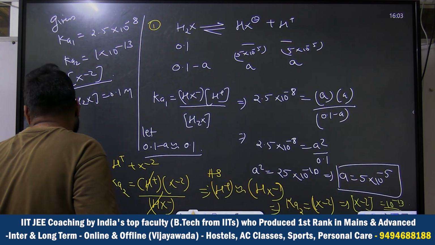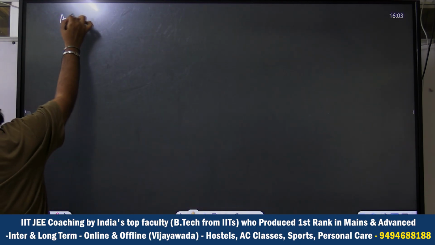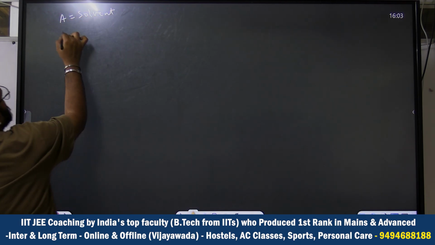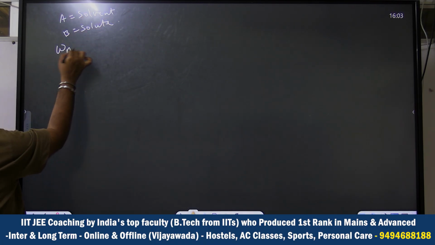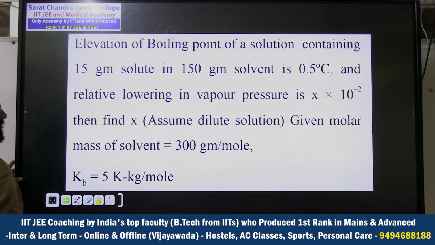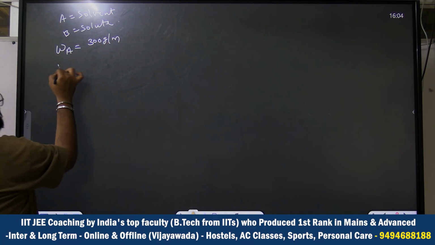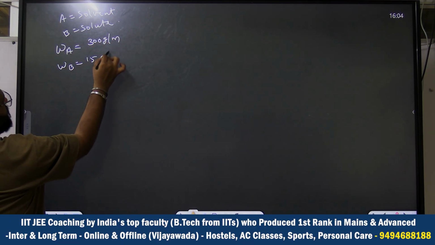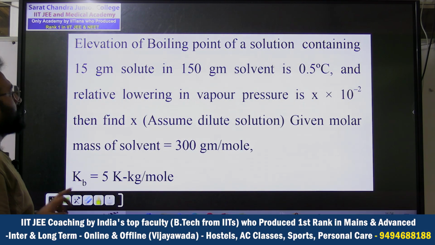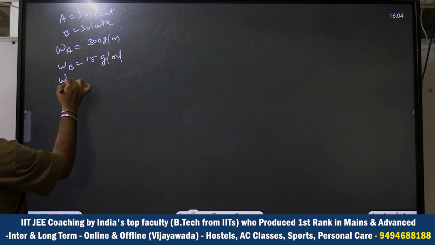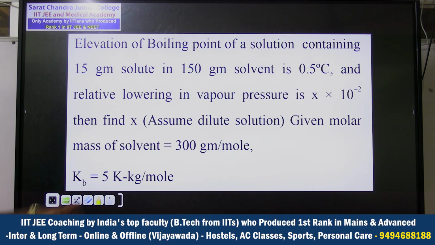So let us solve this question. This is again an NCERT based question. Let A be the solvent, B be the solute. Weight of A is given as how much in the question? 300 gram per mole. Weight of B we have 15 gram per mole. What else is given? Weight of A we have 150 gram.